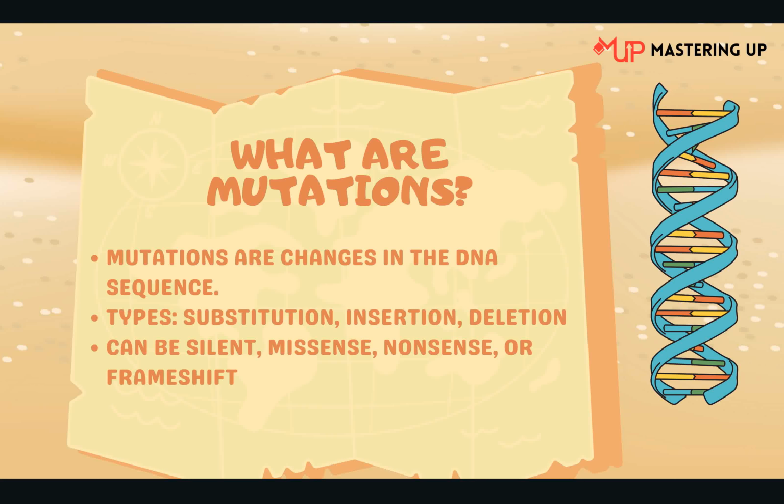Some may be harmless, while others can disrupt protein formation or cause genetic disorders. So this is about mutations in the DNA sequences. We will see a quiz about that.